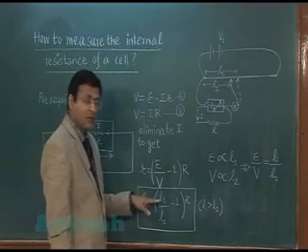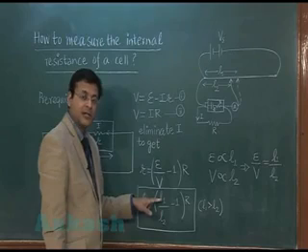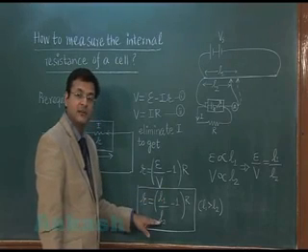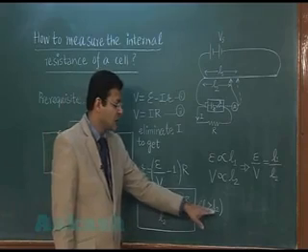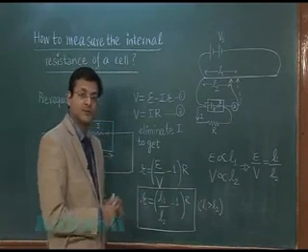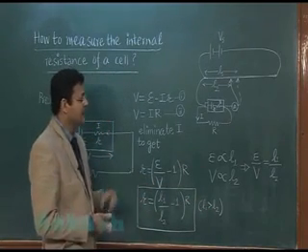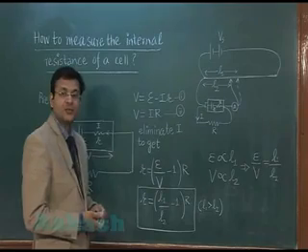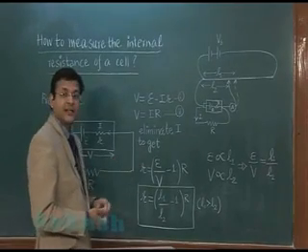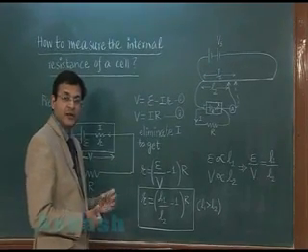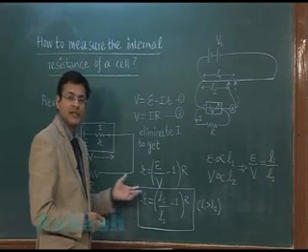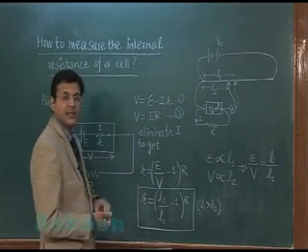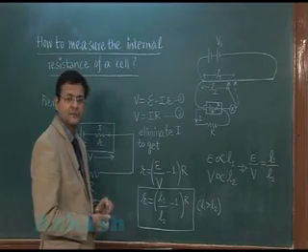The greater value will be kept in the numerator, and the lesser value will be kept in the denominator. The greater value is L1, the smaller value is L2. You understand? So this is the way a potentiometer can be used to calculate the internal resistance of a cell. Now let us look at other applications of the potentiometer.